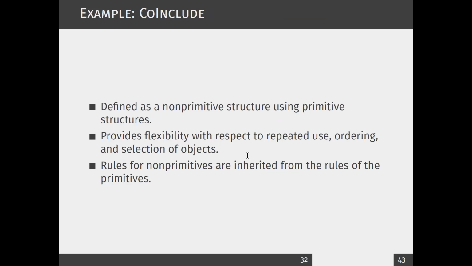Right. So let's look at define. We can have primitive structures, and you can provide flexibility for repeated use as well as ordering and the selection of objects. And then you can have rules for non-primitive that are inherited from rules of the primitives.